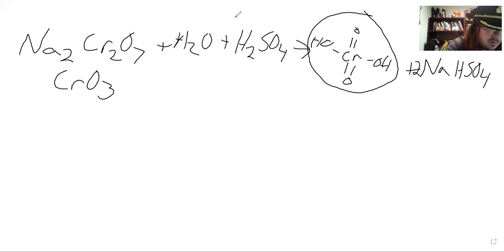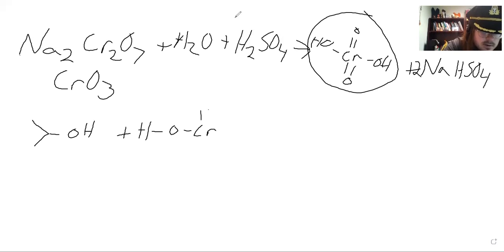So what happens? Just looking at a similar reaction, the oxidation of a secondary alcohol. I'm leaving off the reactive hydrogen for now, but we have HOCr bond OH. The first thing that occurs is a dehydration.